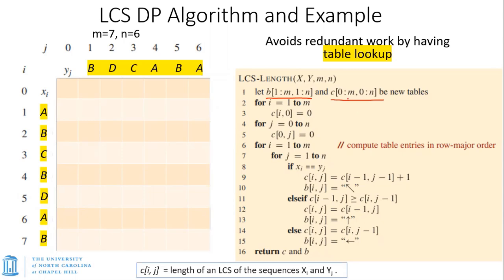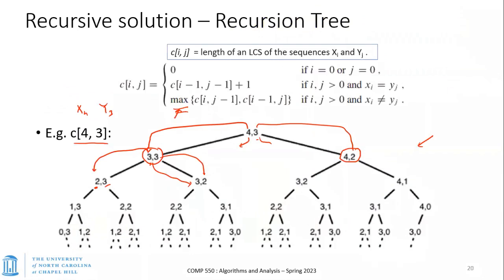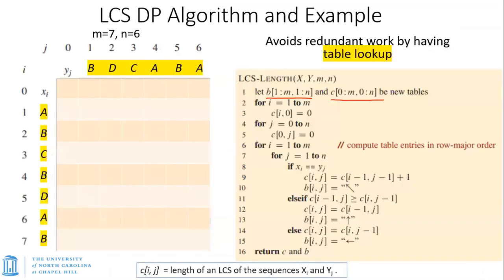The first one, C, is going to be the LCS length, which we defined over here. C[i][j] is going to be the length of an LCS of the sequences Xi and Yj. And the B table is going to help us keep track of the solution. We'll see that in a few minutes.